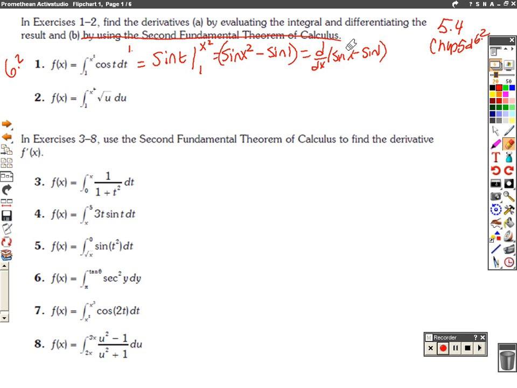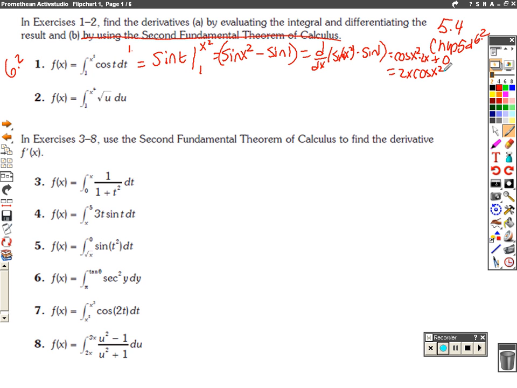It's not sine squared of x. It's sine of x squared. Big difference. So the derivative of sine of x squared would be the cosine of x squared times the derivative of x squared, which is 2x, plus the derivative of sine of 1 would be 0. So this whole answer would be 2x cosine of x squared.